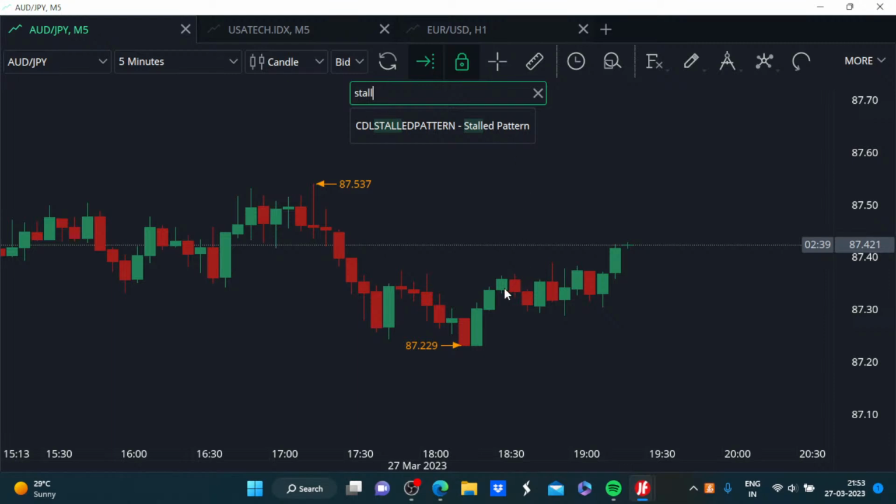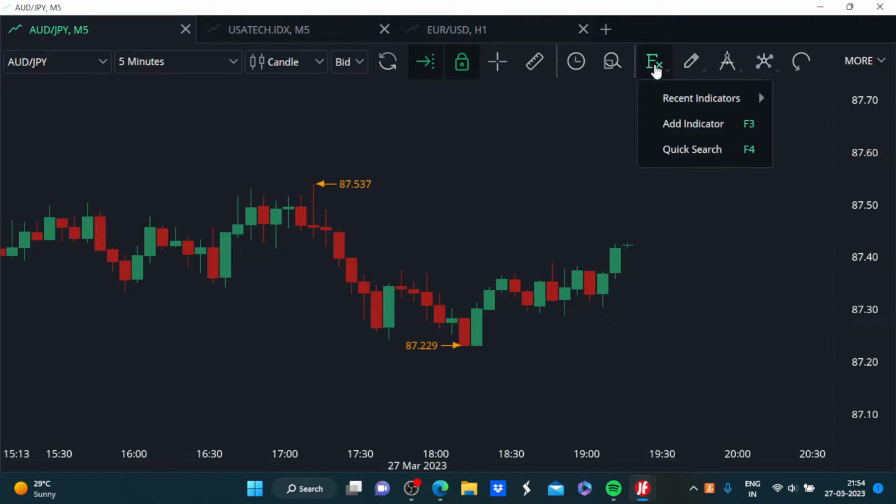Here we have a similar kind of formation, but it lacks one additional requirement, which is that it should have a large upper shadow in the third candle. That means selling pressure came in during the third candle, and as a result the price action stalled.